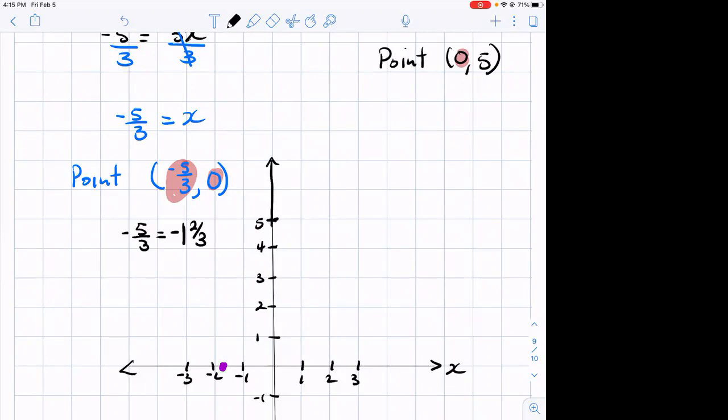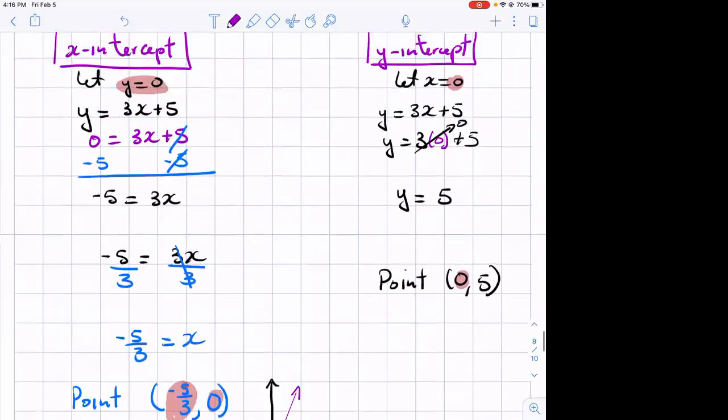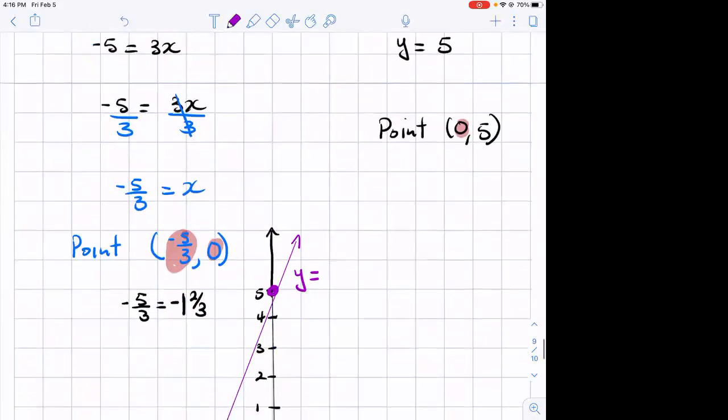So my 2 points that I have, I connect those 2 points, and that's my equation. Y is equal to 3x plus 5.